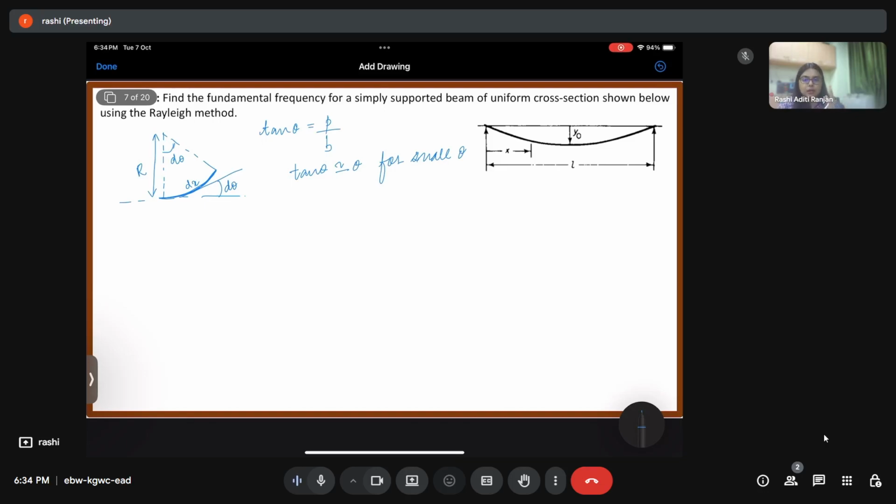But if we cut a very small section of a curved line, it will appear to be a straight line. Then using these, we can write d theta equals dx by r. This gives 1 by r equals d theta by dx, and this is also equal to d square y by dx square.